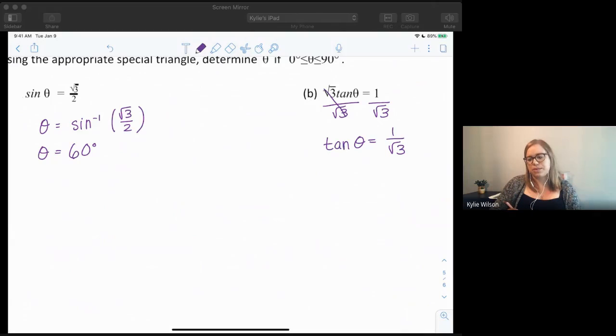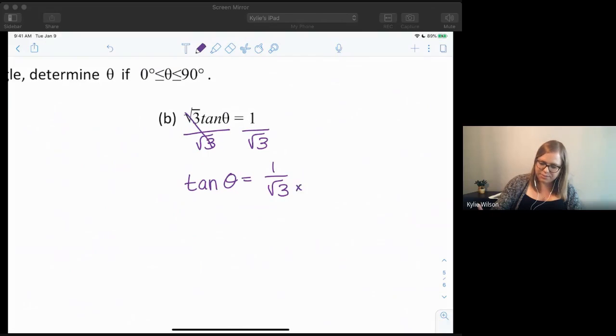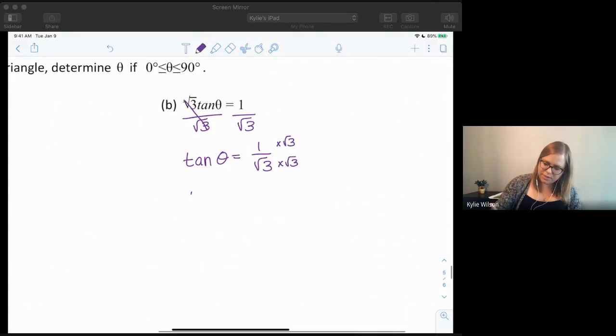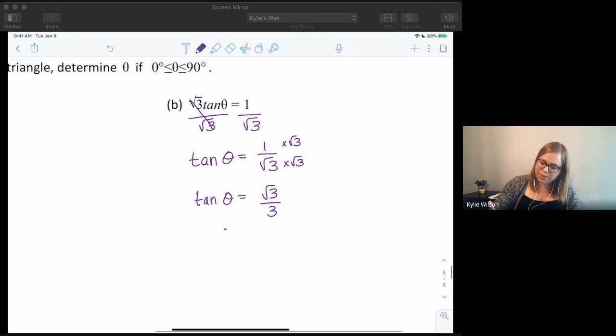Now remember, we don't like having these radicals on the bottom, so let's get rid of that. So we'll have tan theta equals root 3 over 3. So now I'm going to go back through my special triangles to find where tan theta is root 3 over 3. And when you look back through all of your special triangles, we'll get that theta equals 30 degrees. That's our final answer.